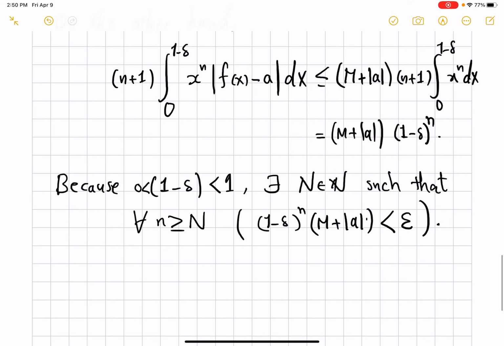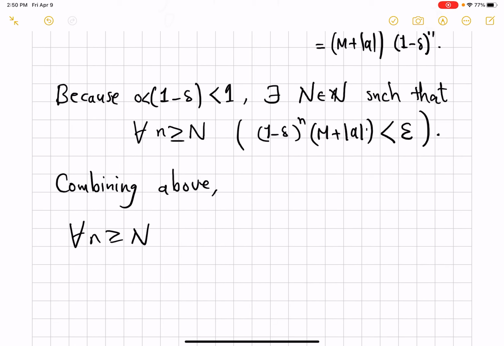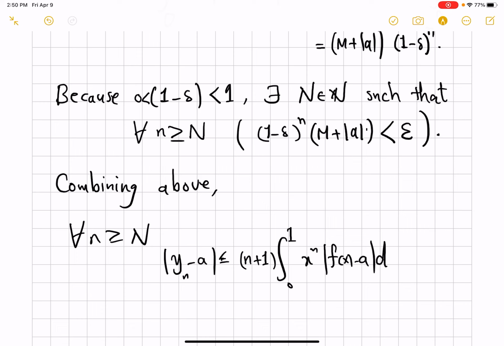Now if we combine the two estimates we have found, we see that for every n that is bigger than this N that we have found, |y_n minus a|, which was less than or equal to (n plus 1) times the integral from 0 to 1 of x^n |f(x) minus a| dx, is less than 2 epsilon.